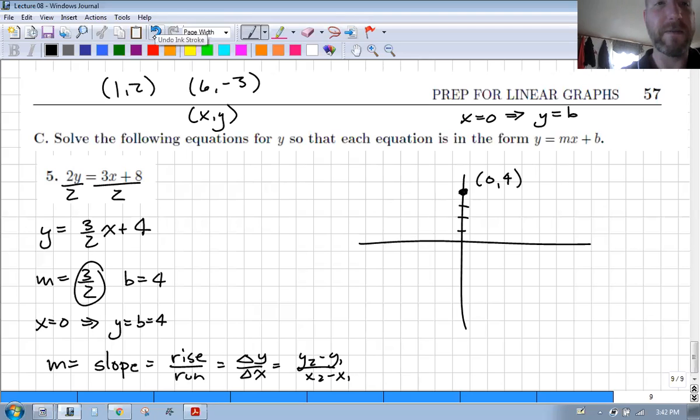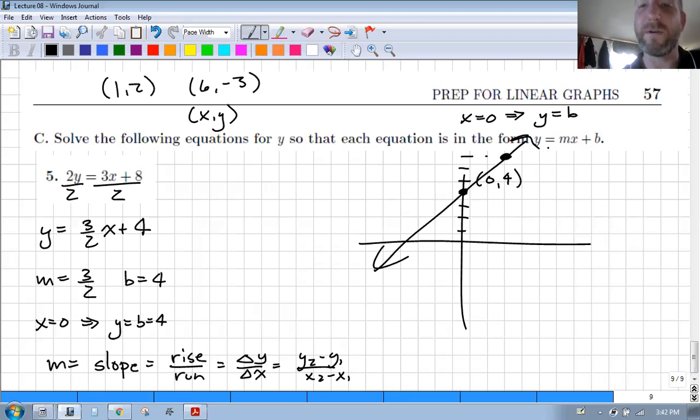That means if we go up 3, and then go to the right 2, this point right here is also a solution. Now that we know 2 points, we know all the points. If we went up 3, instead of 4 we're at 7, and we went to the right 2, instead of 0 we're at 2. So (2, 7) is also a solution.